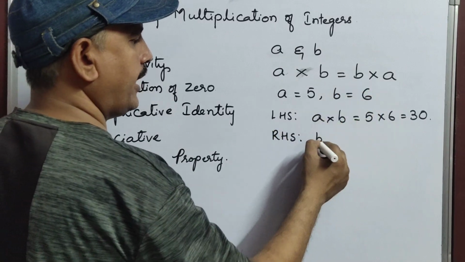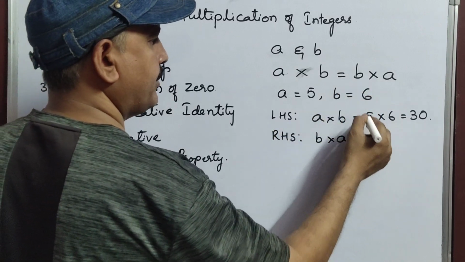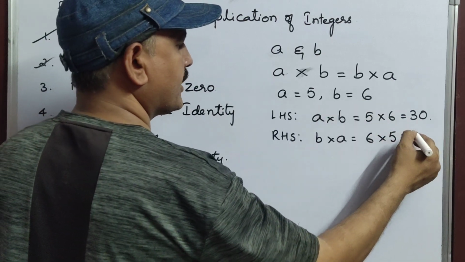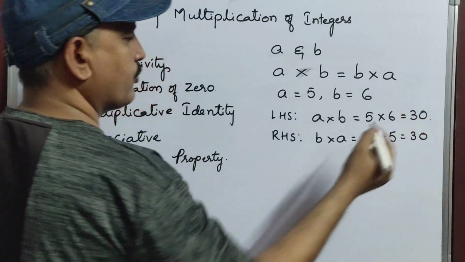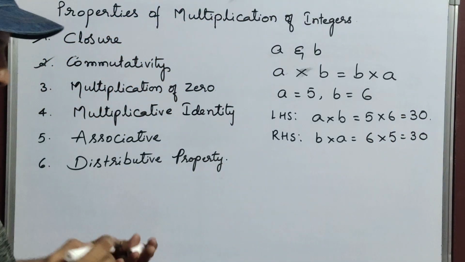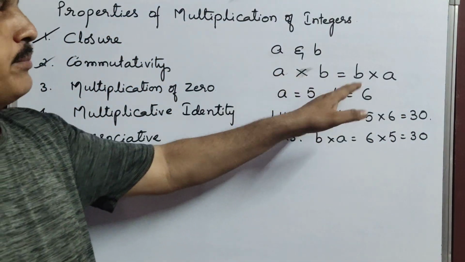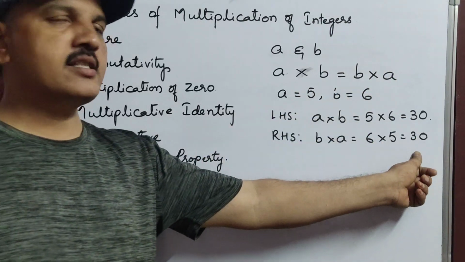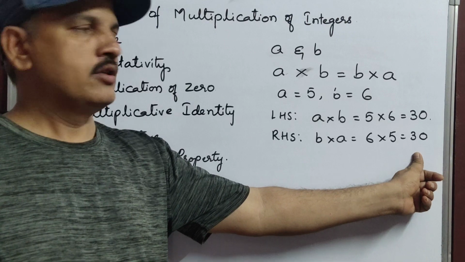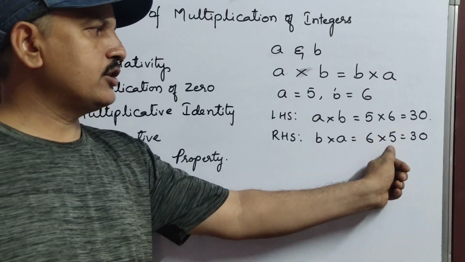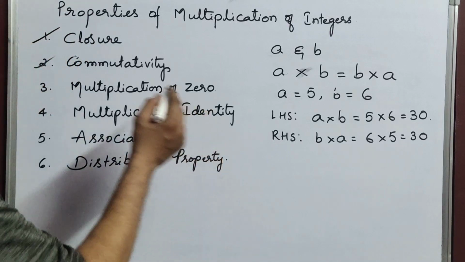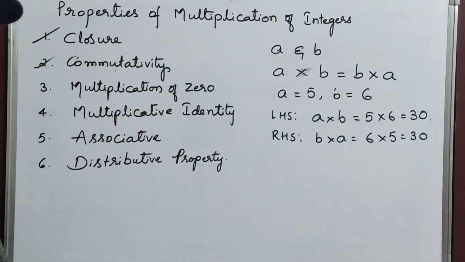B into A. That means B is 6 into A is 5. So 6 5s are 30. Both values are same. Whether you do A into B or B into A, reverse order, you are getting the same answer. Understood? Whether you do 5 into 6 or 6 into 5, you are getting the answer 30. So that's why we call it a commutative property.